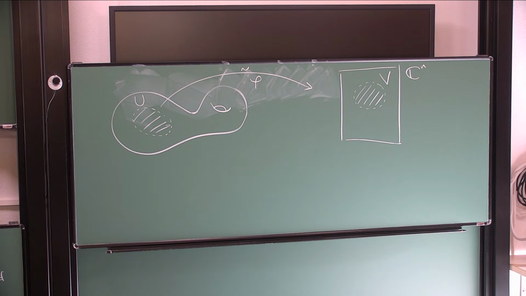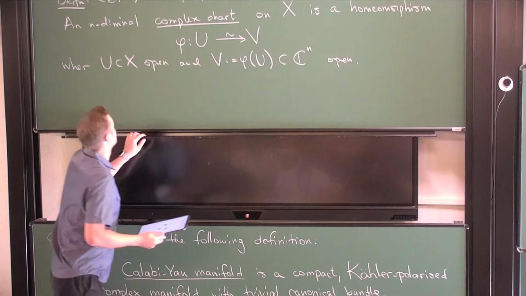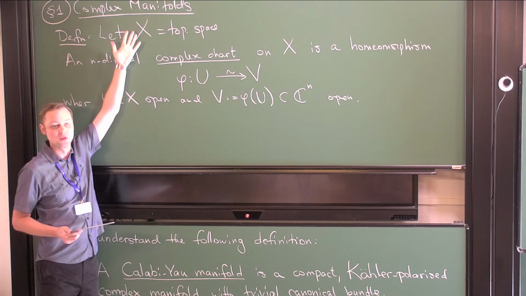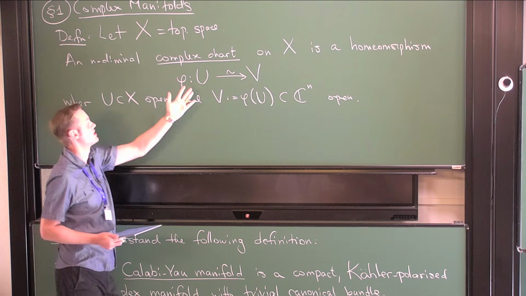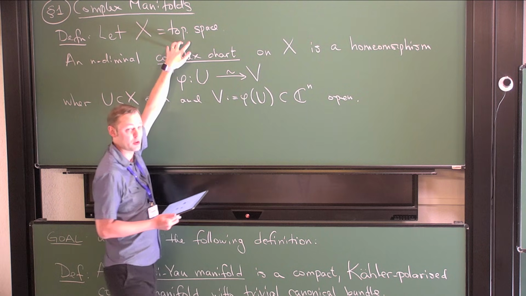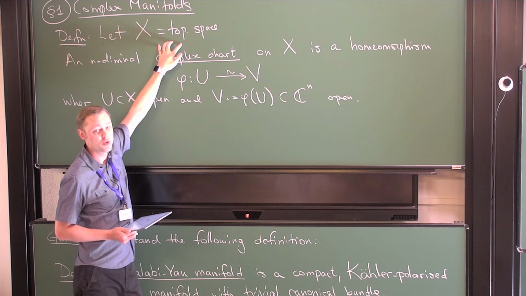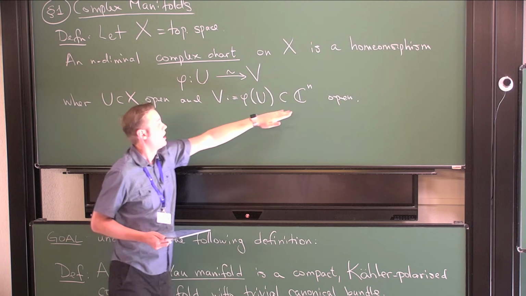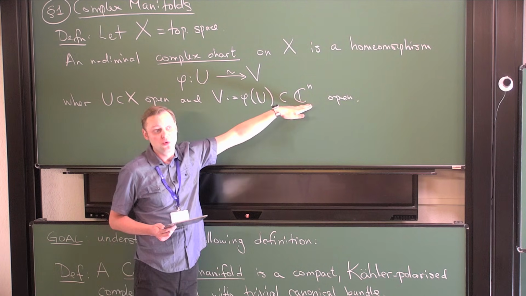Notice that in this description, a priori X, there's nothing complex about X at all. Right? I'm not saying that this is some kind of holomorphic map or anything, that's not the point. The point is that this is just a topological space, you only have topology, no geometry, but you have a homeomorphism to a subset of C to the n, which does carry all the geometry that we need.